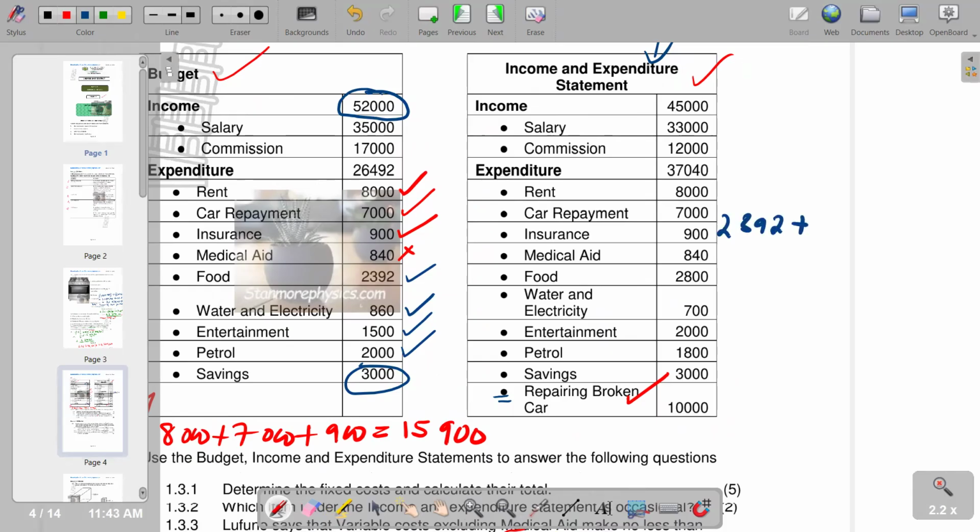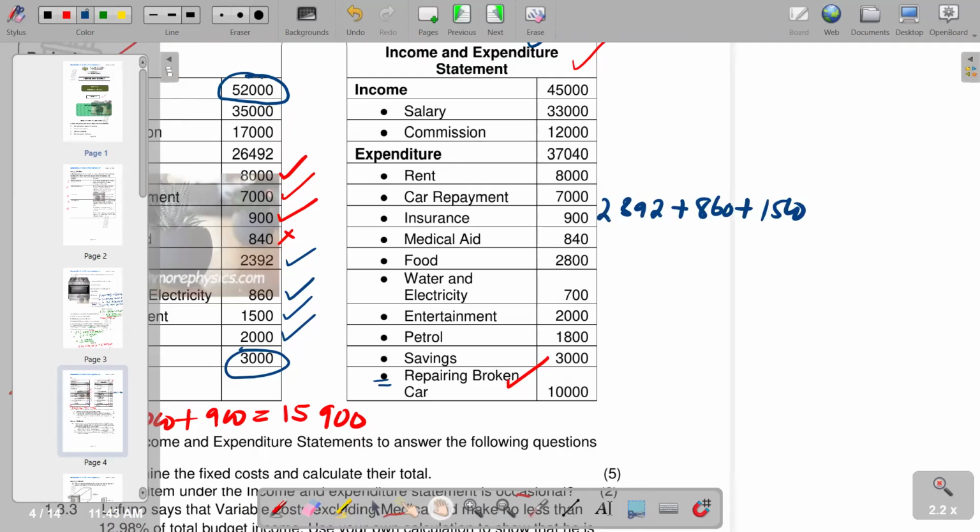And then we add your 860, and then we add your 1,500. And then we add your 2,000. And of course, this is the last item that we have. And the answer that you are going to get on this part, you divide by the total budget, which is 52,000.